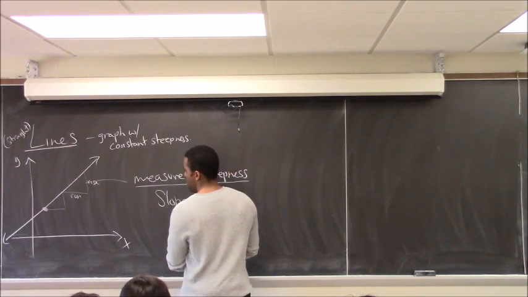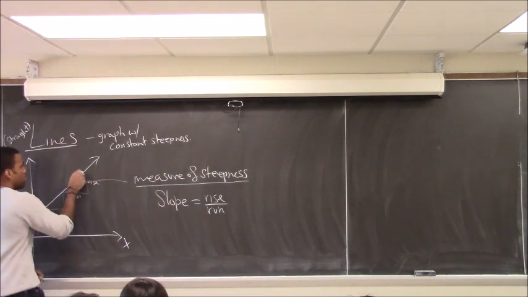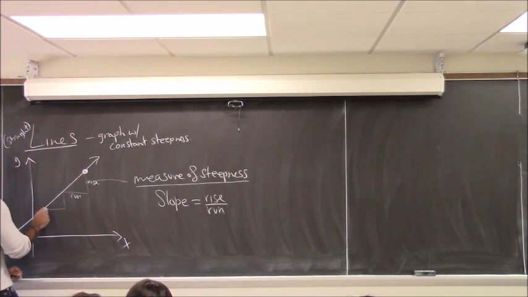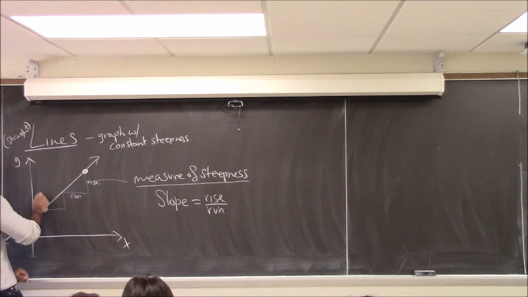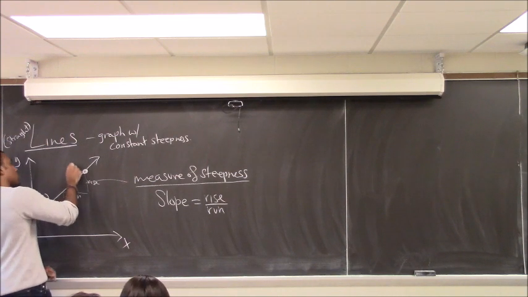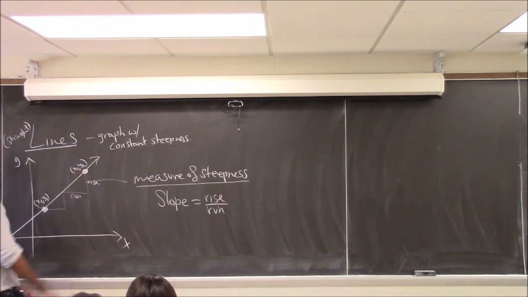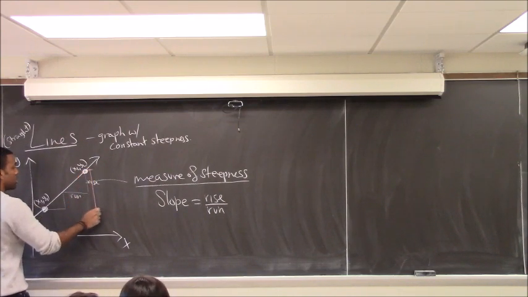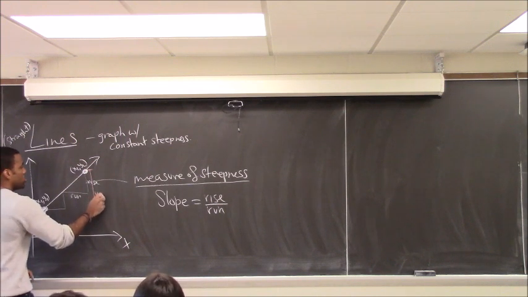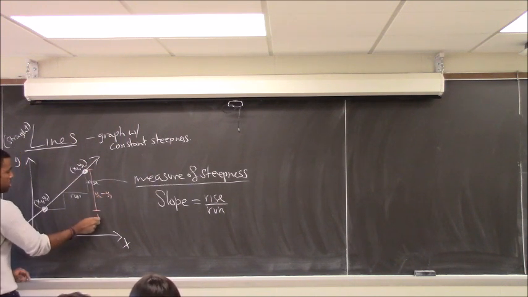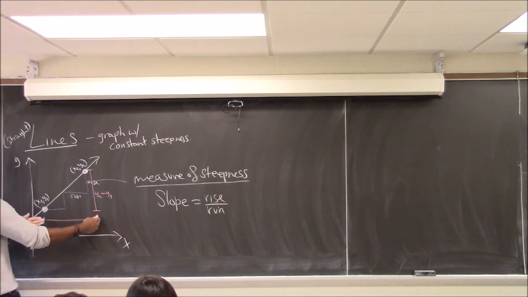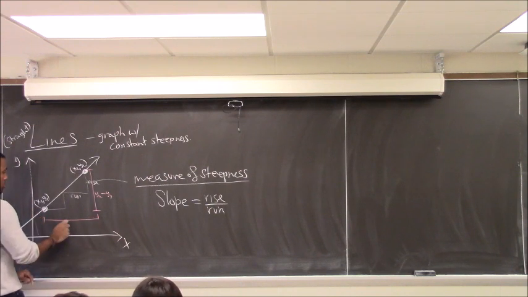Now, of course, we can actually measure this. So you can pinpoint two coordinates here. Call this x1, y1. Call this x2, y2. And so the rise is going to be given by y2 minus y1. The run is going to be given by the distance between the x coordinates, x2 minus x1.